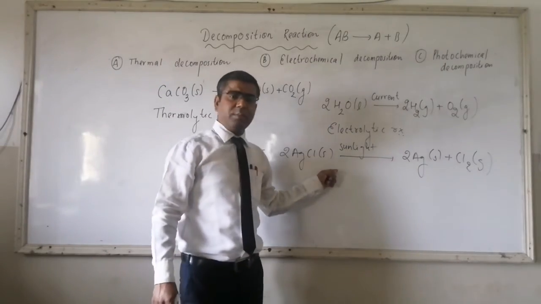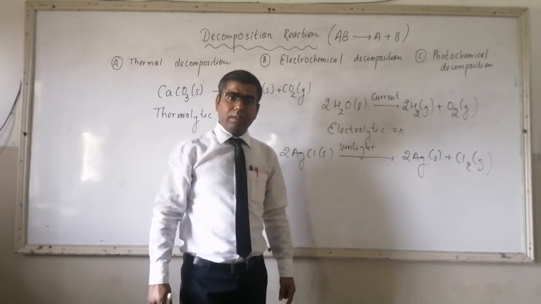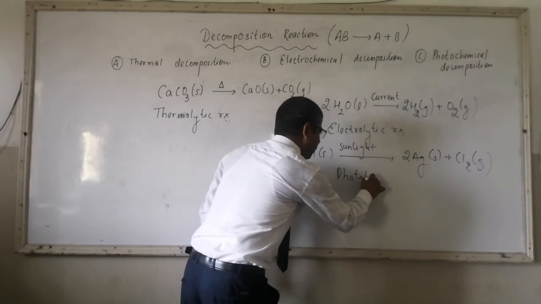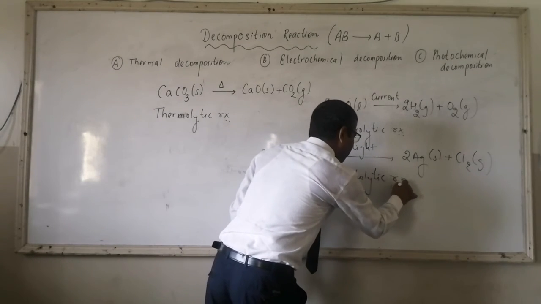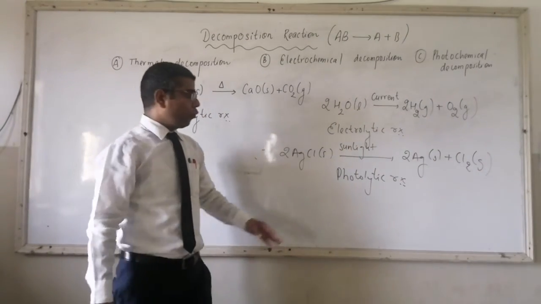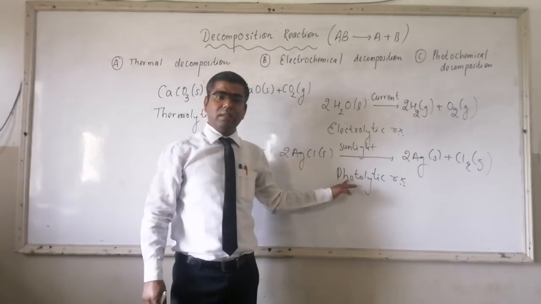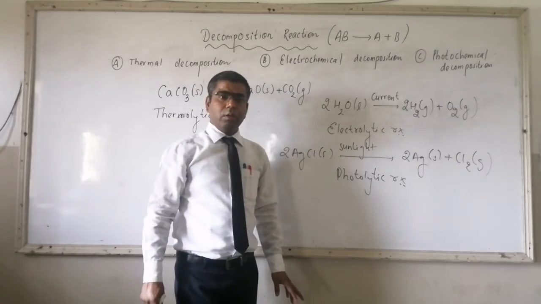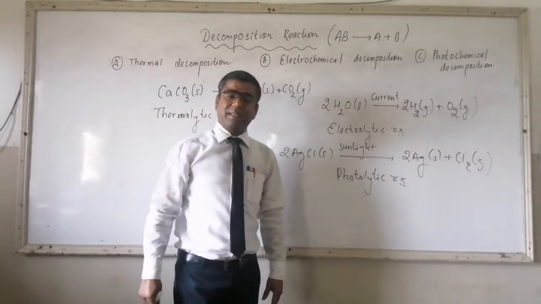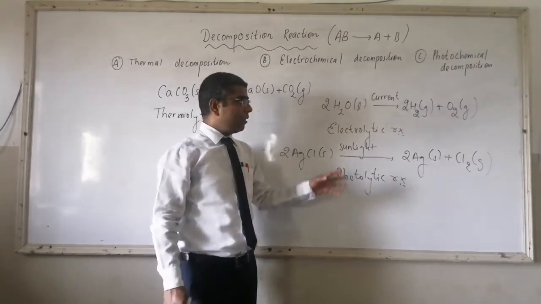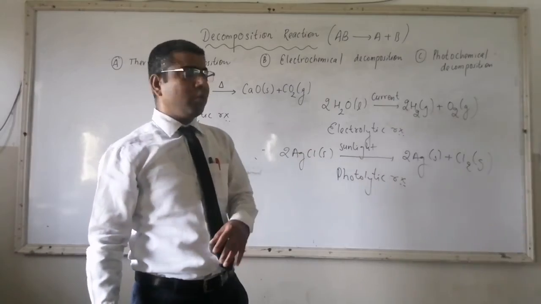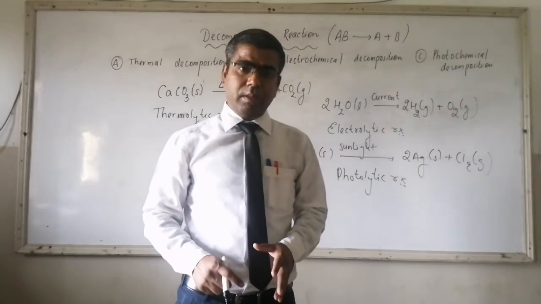The reaction takes place in presence of sunlight. This reaction is also called photolytic reaction. Photo stands for sunlight and lytic stands for breaking down. So if the breaking down of a substance takes place in presence of sunlight, then the reaction is called photolytic reaction, or it is called photochemical decomposition.